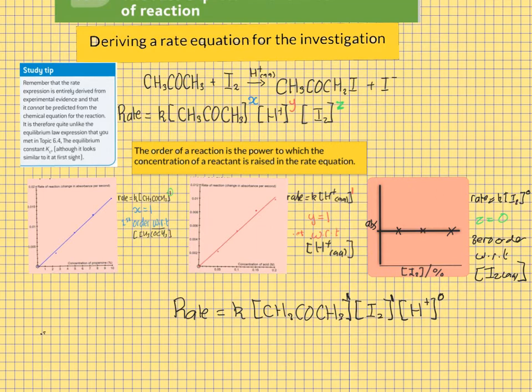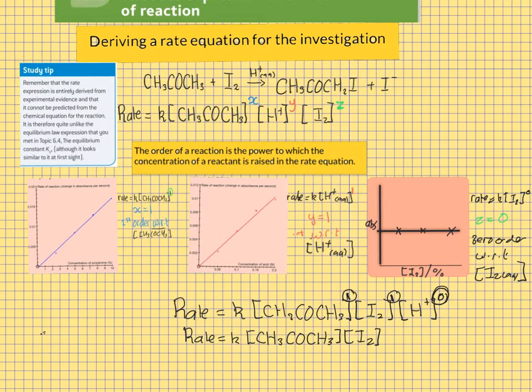So we can now write a rate expression, and we can simplify it. So here are the orders of reaction with respect to each of the 3 reactants, and since the reaction is zero order with respect to the concentration of iodine, anything to the power of 0 is 1. So we can now leave it out of the rate expression.